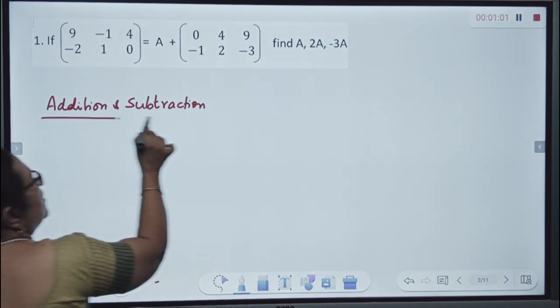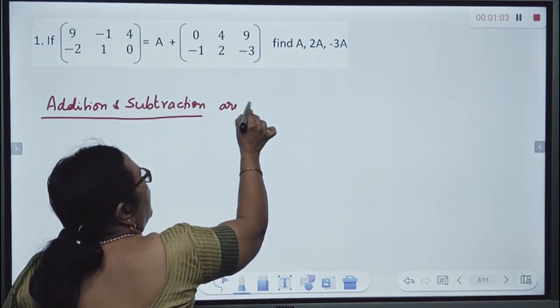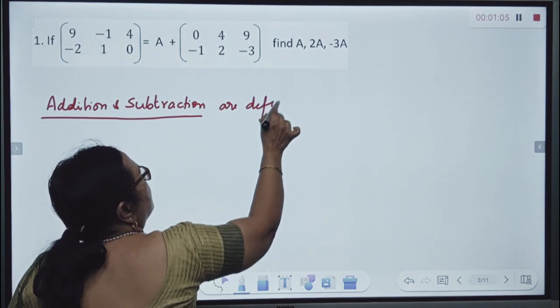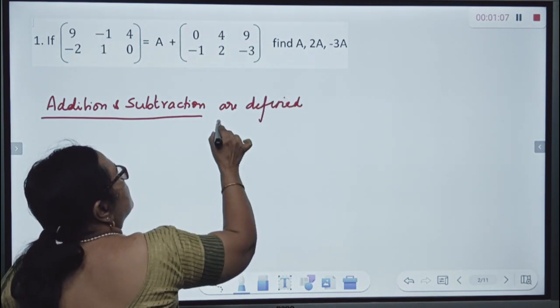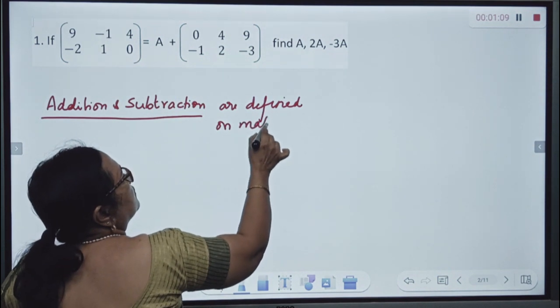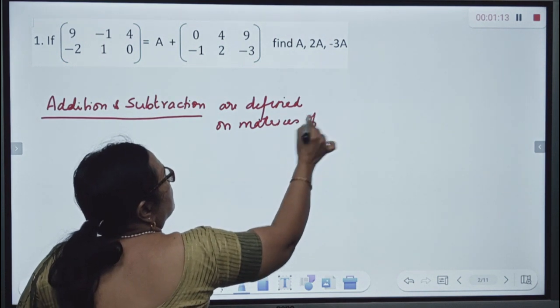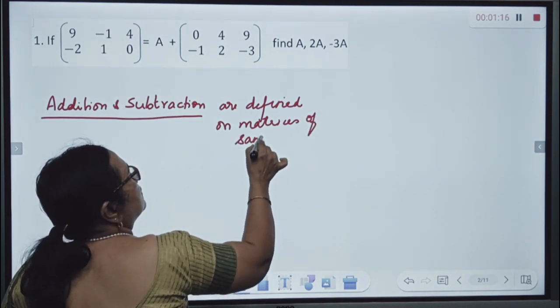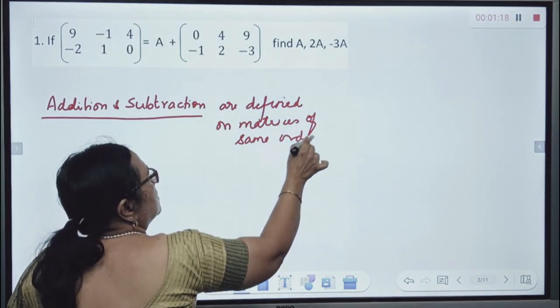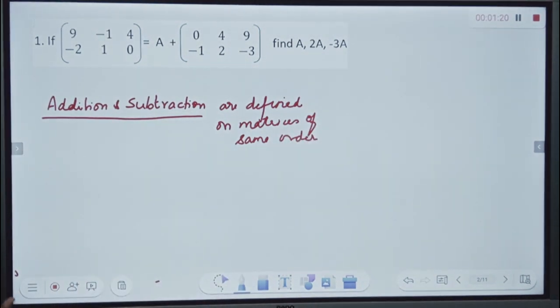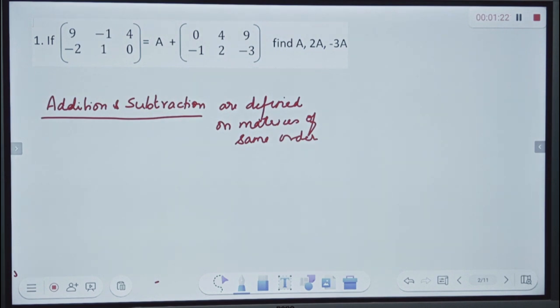These two operations are defined on matrices of the same order. Because what is the natural way to add? The natural way to add or subtract is to add term by term.